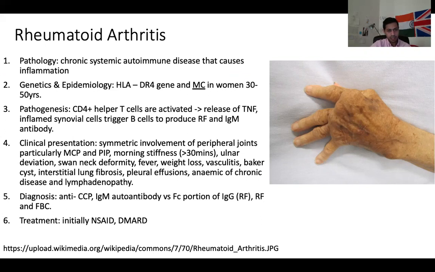The pathogenesis is usually caused by CD4 plus helper T cells becoming activated and then releasing tumor necrosis factor. Essentially, this causes the synovial cells, which are in the joint space, to become inflamed.